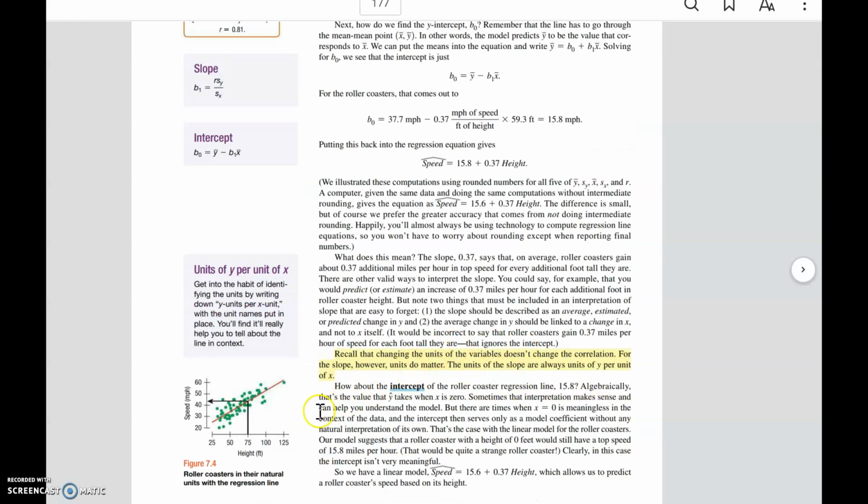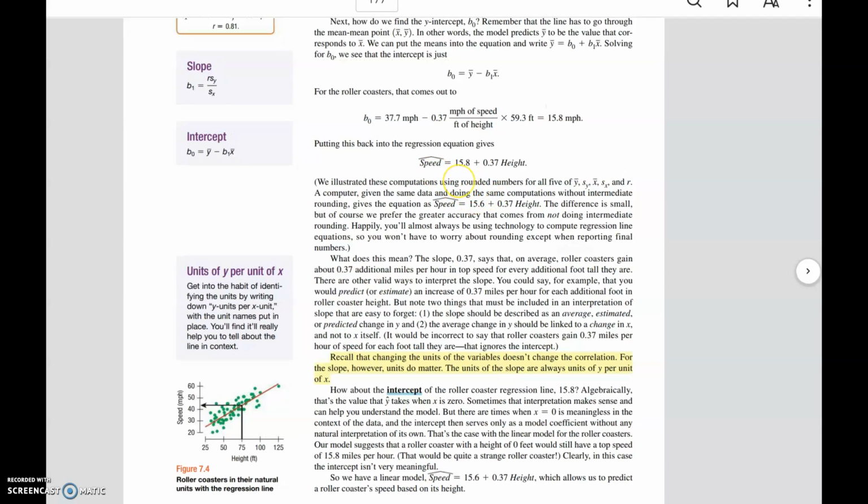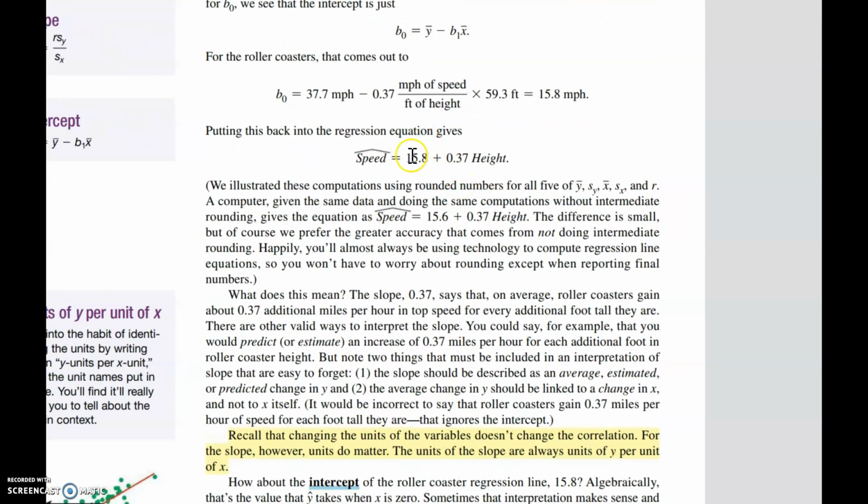And then often in the textbook, one last comment, like here, the speed of the roller coaster is equal to 15.8 plus 0.37 times height. So instead of using x and y, they'll use the word instead.